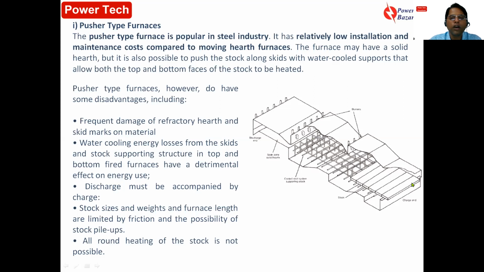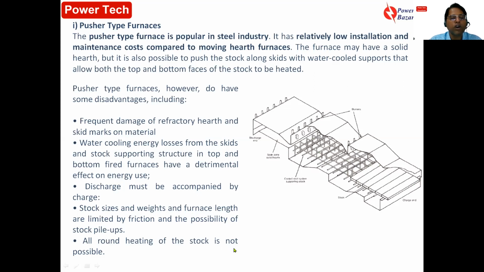So sometimes if the charge finishes, what will happen? Some material will be left inside, and you cannot discharge it, so heat loss will happen. Then stock size, weight and furnace length are limited by friction and the possibility of stock pile-ups.